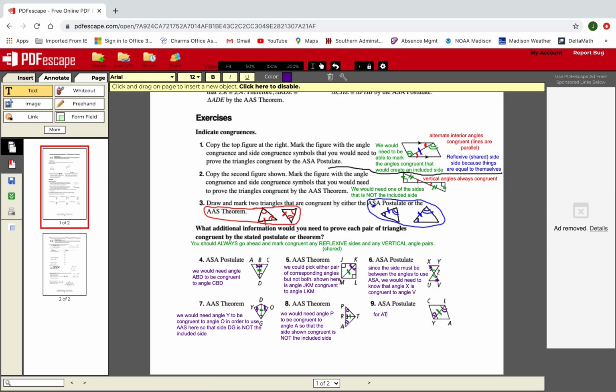For ASA, we do need the included side. So we would need angle LYC to be congruent to angle YLA.